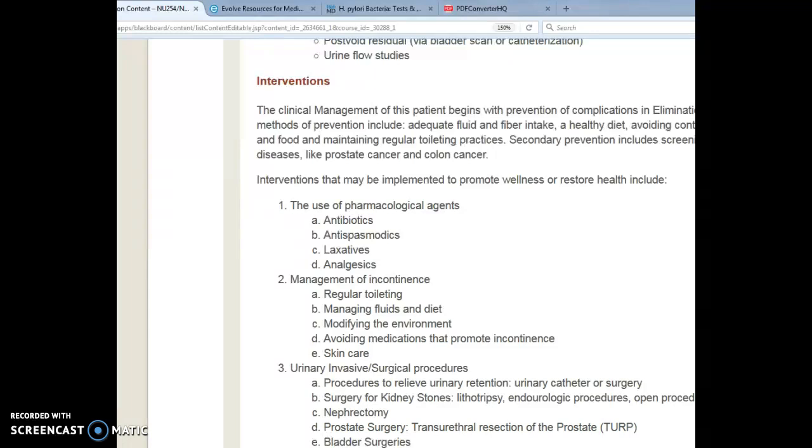Subjective, remember, is what the patient's telling us: when the initial complaint started, how long it's been happening, where in the stomach they're feeling certain pains or discomforts. And then our objective data is again going to be our assessment piece, our hands-on assessment piece.